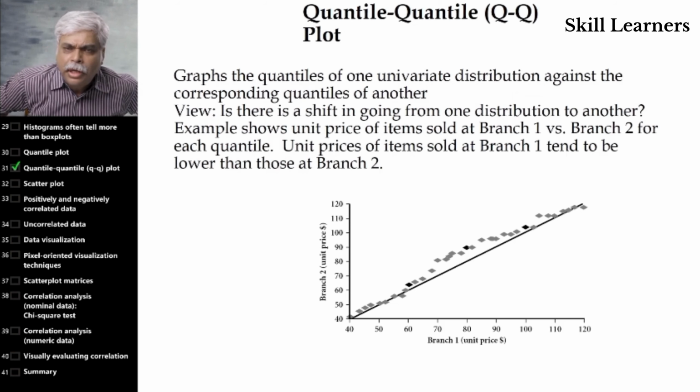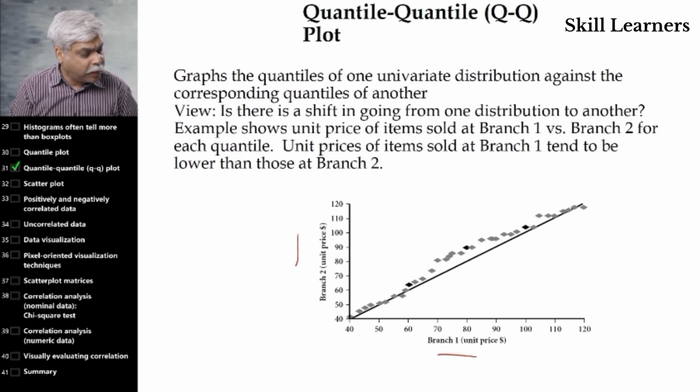What happens if there are outliers or there's a shift in the distribution? Then the quantile plots of the two distributions will look a little different. Here are the plots of branch 1 versus branch 2 interpreted as a quantile plot. And the fact that they do not lie on a 45-degree line indicates that the two distributions are not the same.